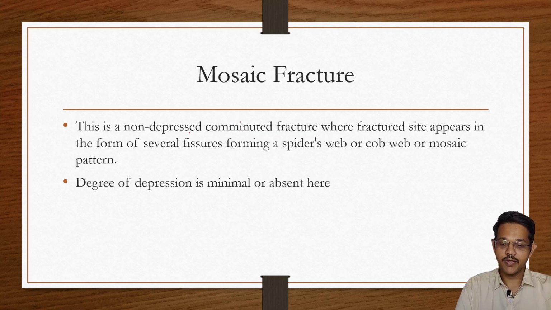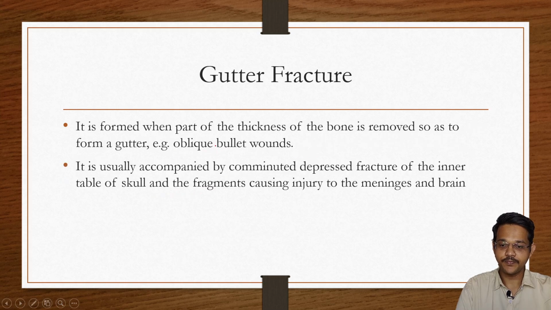Mosaic fracture is a non-depressed comminuted fracture where the fracture site appears in the form of several fissures forming a spider web or cobweb design, or mosaic pattern. In this, the degree of depression is minimal or absent.